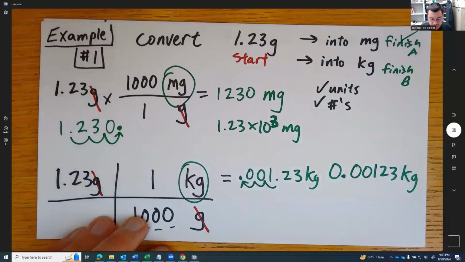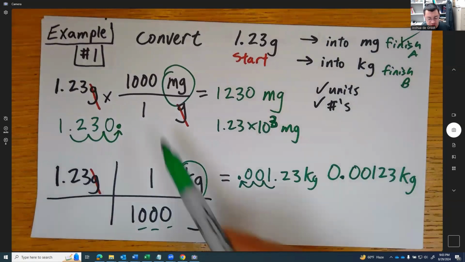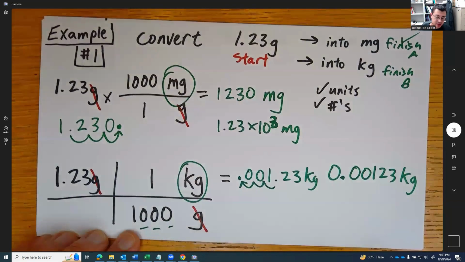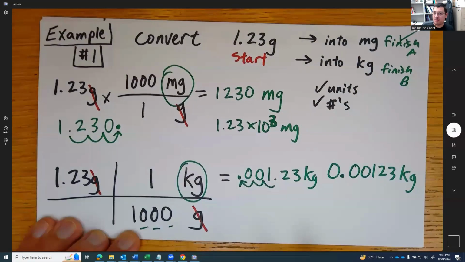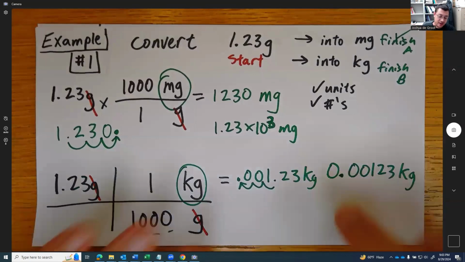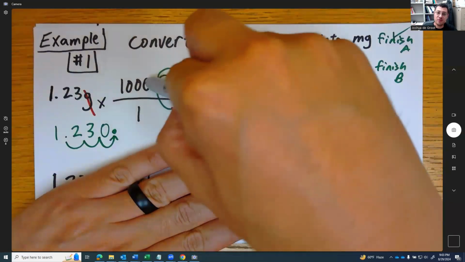Okay, so with this example, I showed a few different things. Just a single unit conversion. One reason why I chose these 2 example problems is I don't want people to assume that the power of 10 is always going to be in the same spot. I don't want you to think the power of 10 is always going to be at the top, the numerator.